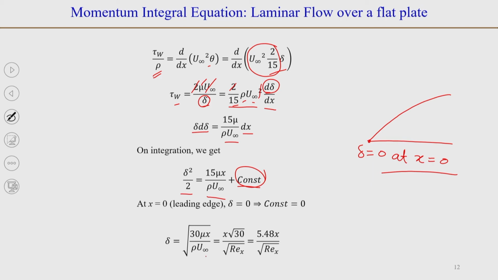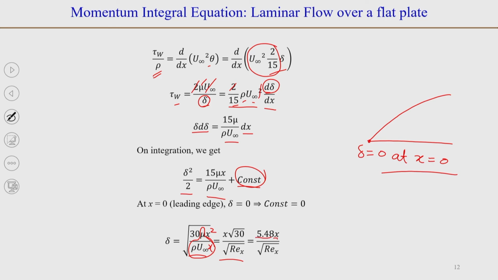Now, we have rho u infinity here. So, we can multiply x in the denominator and numerator. So, we will get square root of 30 multiplied by square root of x squared, which is x, and this term here is basically 1 over Re x. So, we get delta is equal to x into root 30 divided by square root of Re x, where root 30 is 5.48.